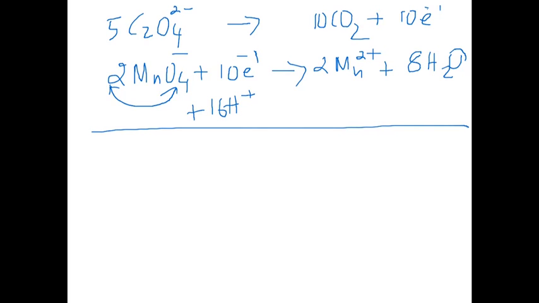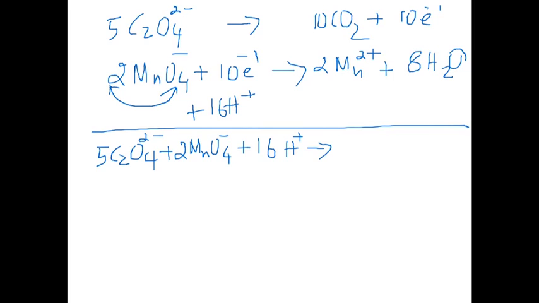So we would rewrite it as 5 C2O4 2 minus plus 2 MnO4 minus plus 16 H positive gives you, the electrons are cancelled because they are common, 10 CO2 plus 2 Mn2 plus plus 8 H2O.